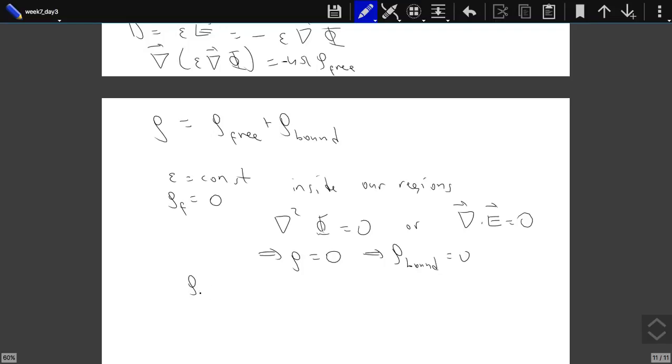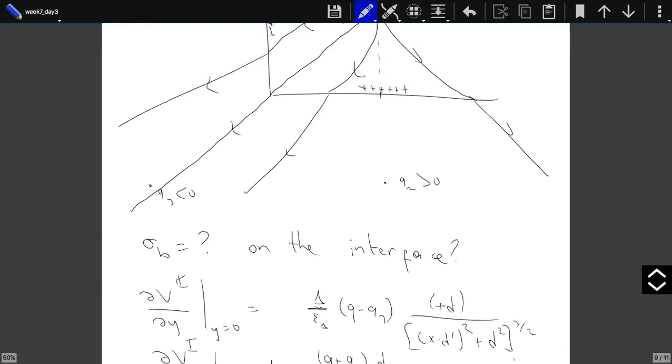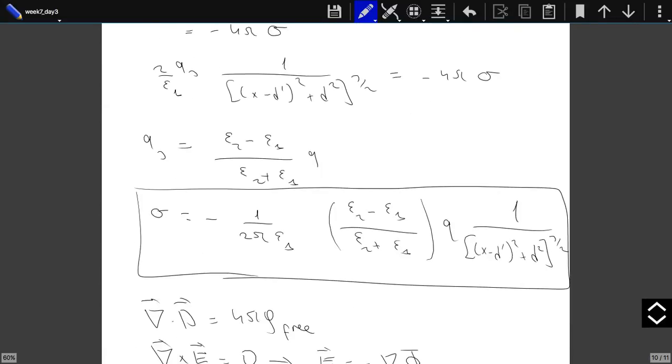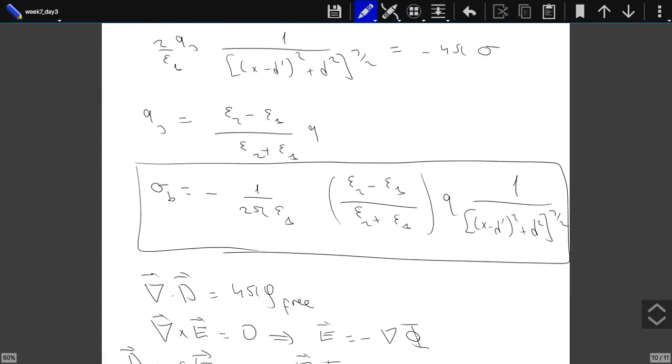Well, rho bound, remember, is equal to minus the divergence of our polarization. So basically we have that the polarization is divergenceless. We have 0 charge, whether bound or free, inside our region. But we had just seen that the surface charge density, sigma b, is not necessarily 0.